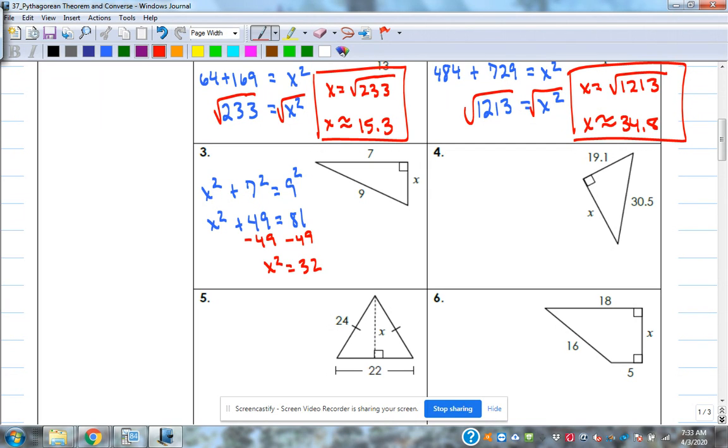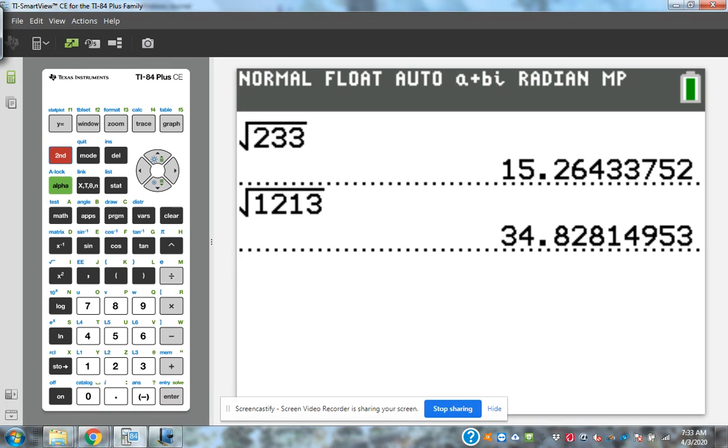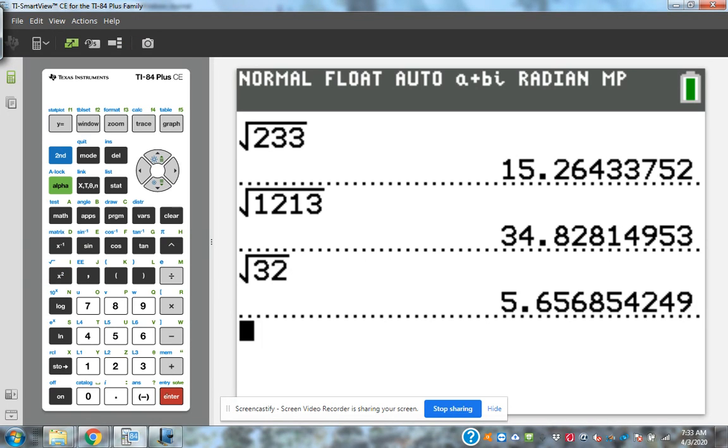Then when we take the square root, we can simplify the square root of 32. We're doing the factor tree: 8 and 4, 4 and 2. Two pairs of 2's, so that would be X equals 4 radical 2. Its approximation, square root of 32, is 5.7.